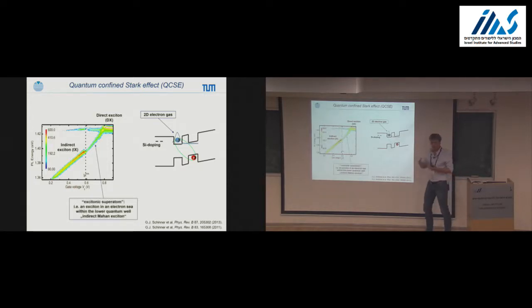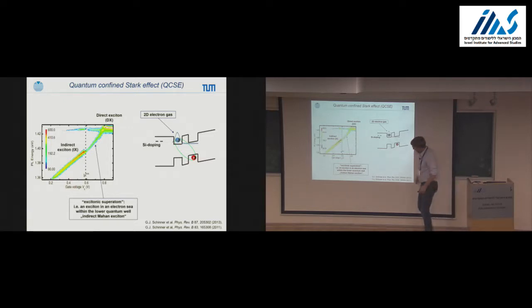Since we are cross-community interested, I just baptized it 30 minutes ago: it's the excitonic superatom, as Ronan did before. So this is an exciton, an indirect exciton, first of all, coupling to the two-dimensional electron gas. So it's not only one electron it's coupling to, but the whole zoo of excitations within the electron gas.